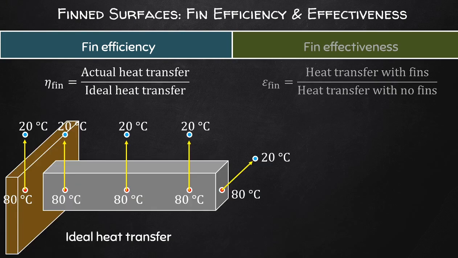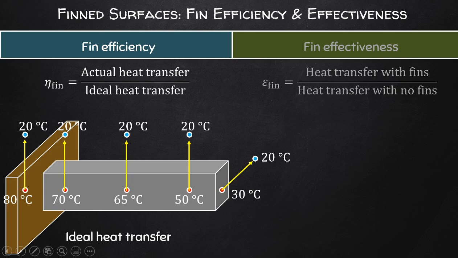Right. So let's first understand, what do we mean by fin efficiency? Think about the rate of heat transfer from all positions on the fin if the fin was at the same temperature, 80 degrees Celsius, throughout the fin. This would be the ideal case because the temperature gradients are all very large and are the same throughout the fin.